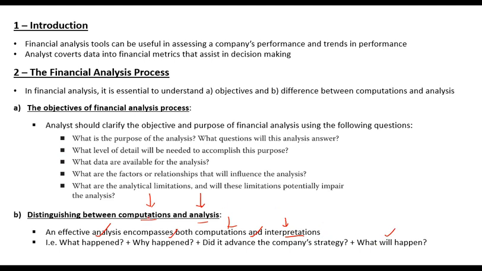So this is how you perform analysis: what happened, why it happened, was it aligned with the company's strategy, or did it change the company's strategy, and now what will happen next, based on what happened, why it happened, and the company's strategy. So this is how you analyze.